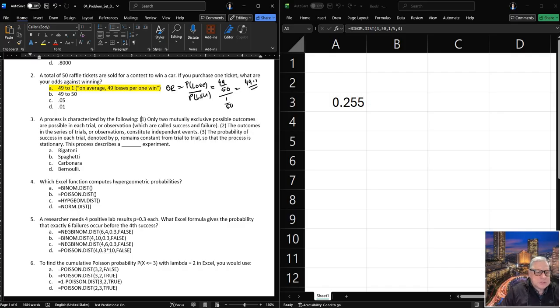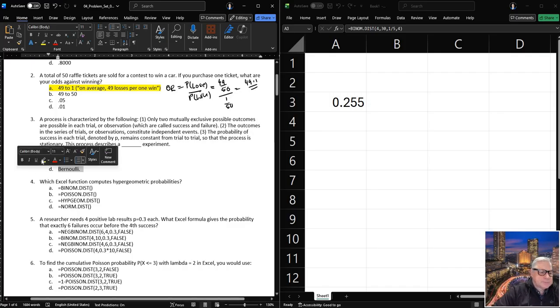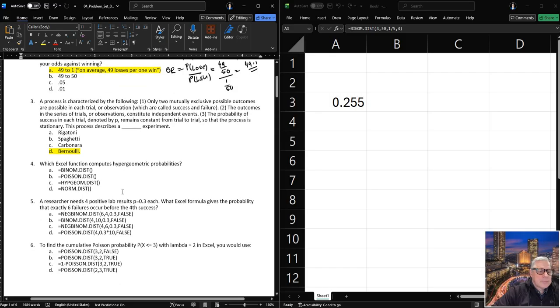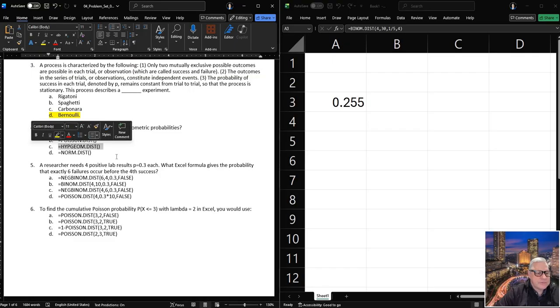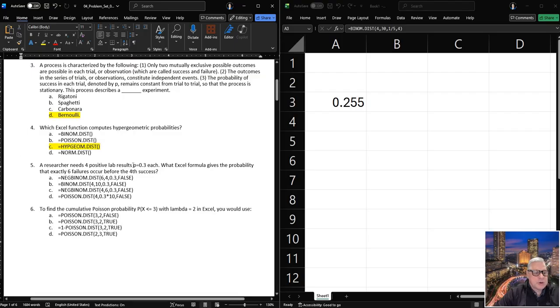And of course, this is a Bernoulli experiment. Which Excel function computes hypergeometric probabilities? Well, that's really very easy. It's obviously hypergeom.dist.